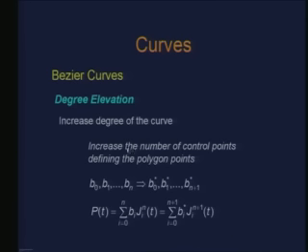So, what are we saying here? That we increase the degree of the curve, which basically implies increasing the number of control points of the Bezier polygon. So, if I have let us say a curve defined through the Bezier points B0 to Bn, now I am getting a different set of control points as B0 star to B n plus 1 star.